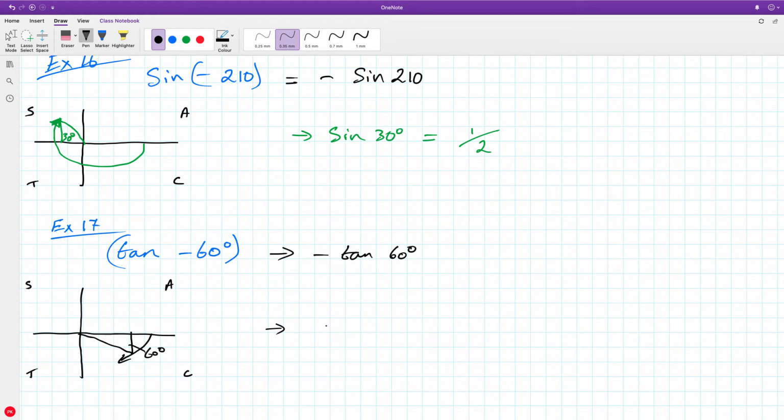So that's minus the tan of, what's 60 degrees? 60 degrees is root 3. So that's minus root 3. Minus root 3 is our answer. And we know it's negative because it's in cos.